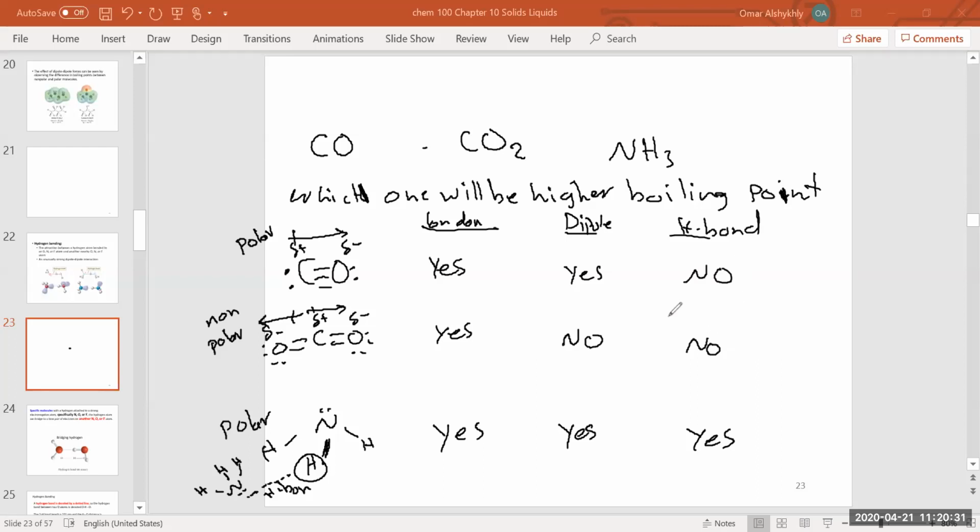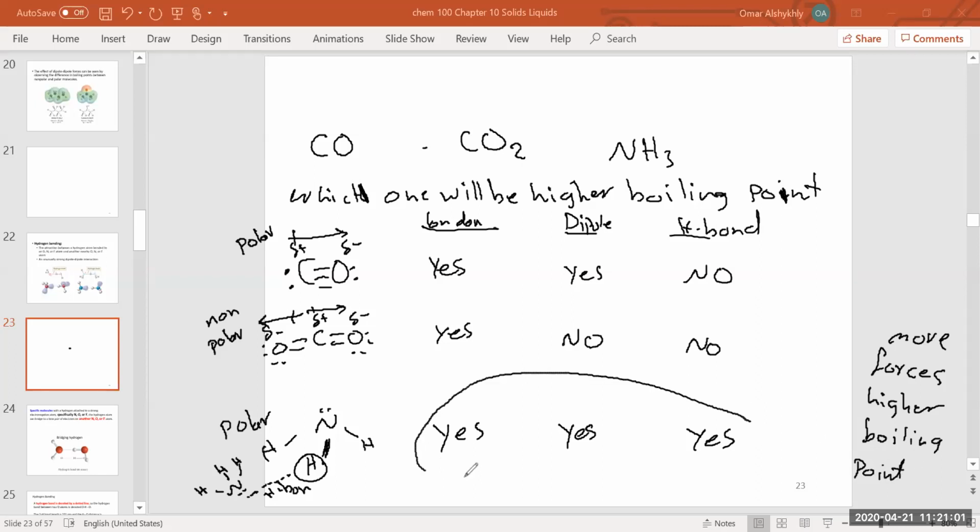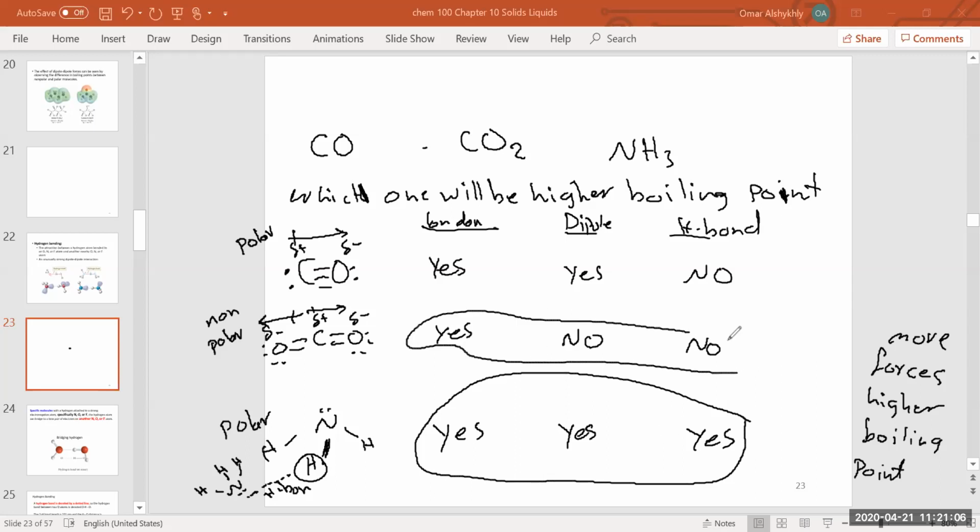Now, look here. When you compare to decide which one has the higher boiling point, the one with more intermolecular forces has the higher boiling point. So this one has all three types of forces, and this one has only one type.